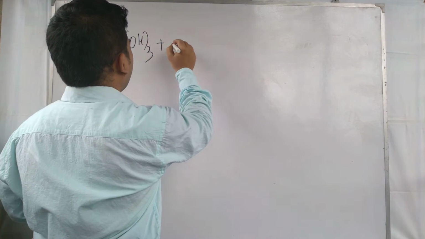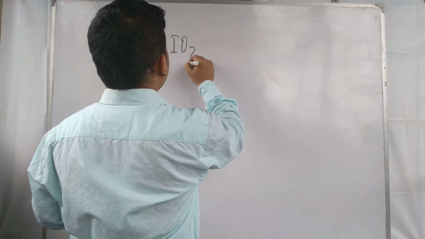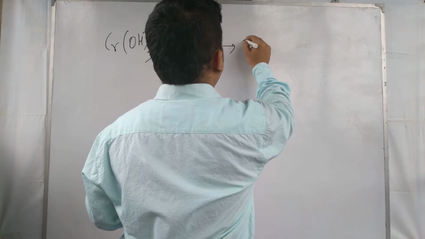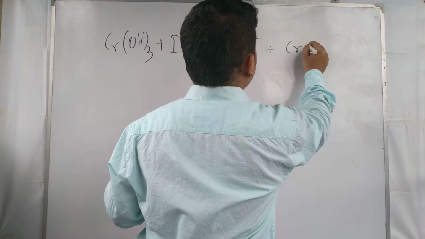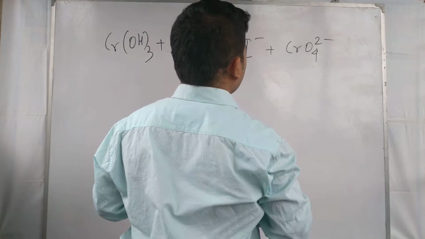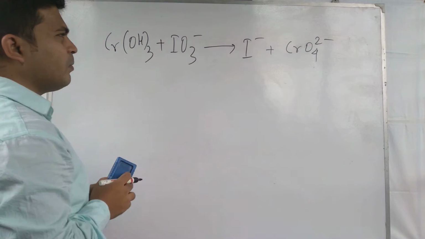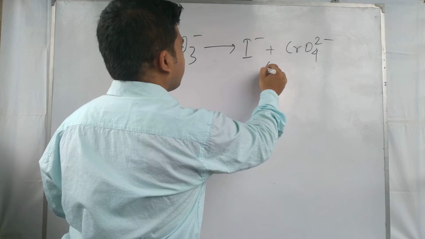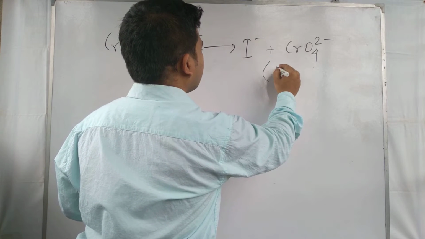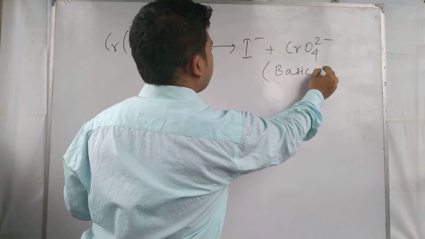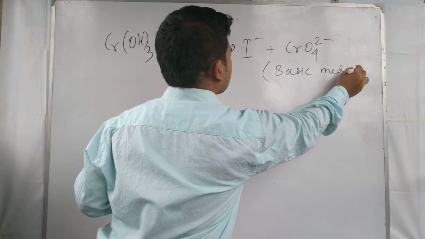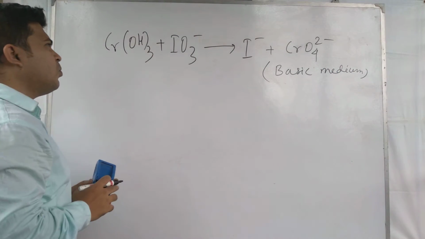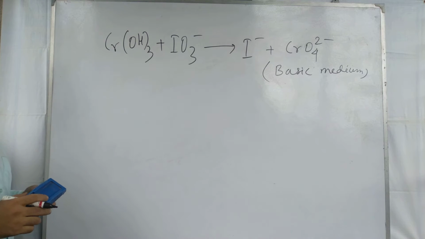The equation is Cr(OH)3 plus IO3 minus gives 2I minus and CrO4 2 minus. This is the equation given to us, and we are asked to balance it in basic medium.